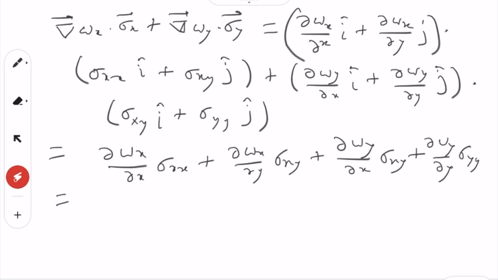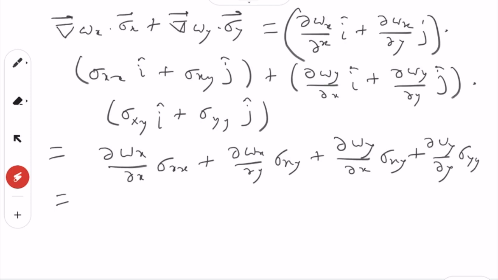If we want to write this in some sort of matrix form, then how can we write it?